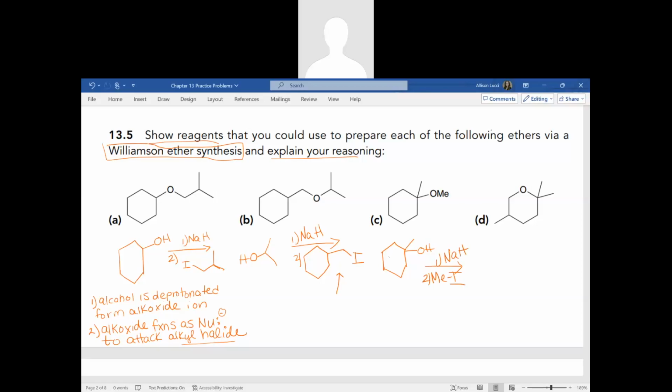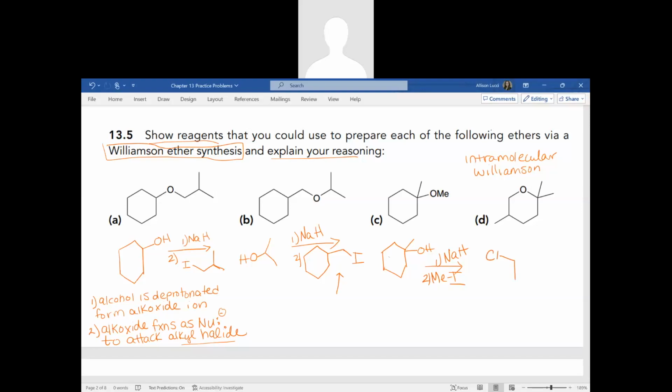In our last example, part D here, we have what is called an intramolecular Williamson ether synthesis. And this means that our alcohol and our alkyl halide are within the same structure.